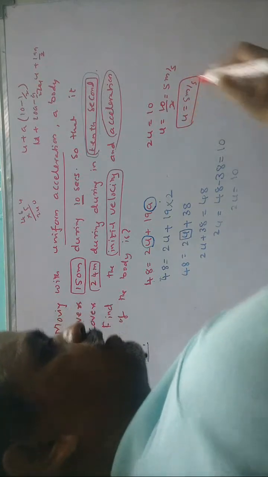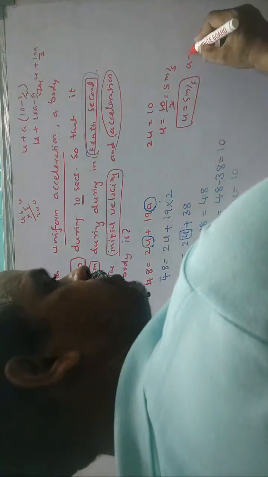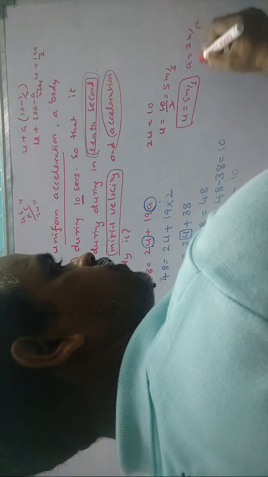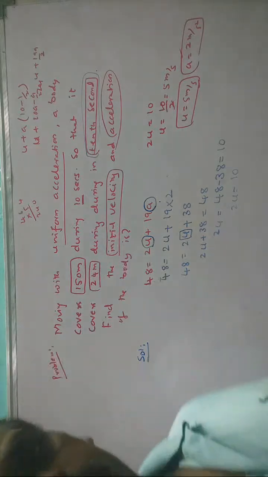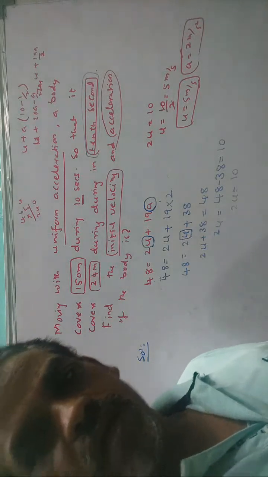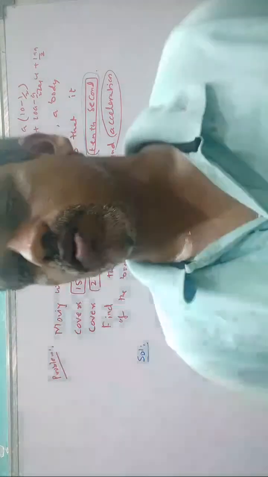So we calculated a equal to 2 meter per second square, u equal to 5 meter per second. So like this we are applying kinematic equations to this question.